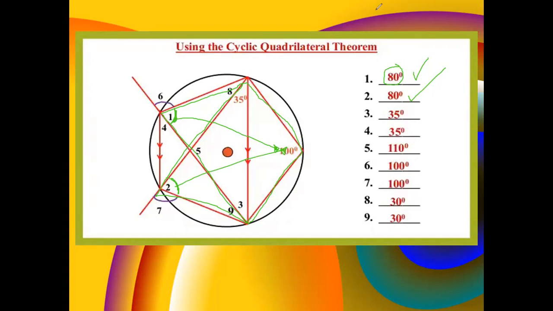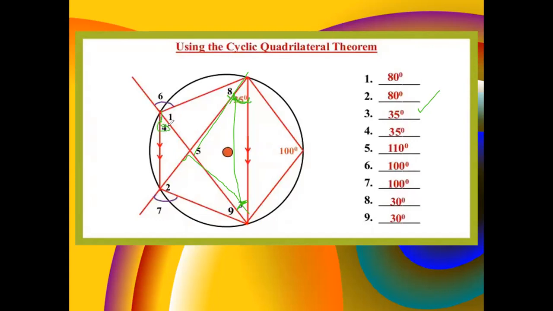Now, number 3, 35 degrees. Why is it 35 degrees here? Remember, it is equal also to the opposite angle, so number 3 is 35 degrees. And since this is an angle outside, number 4, this extended angle here is equivalent also to 35 degrees.